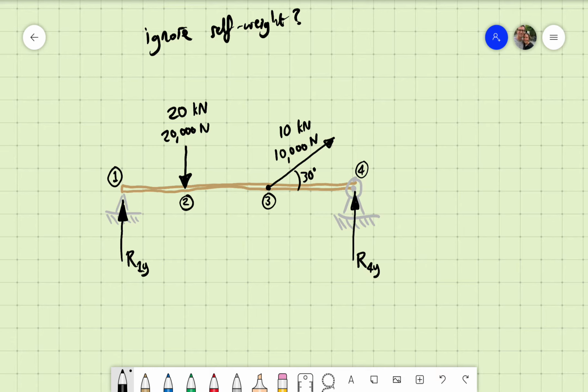And then there is another R4X, okay? A pin joint keeps things from sliding left-right, keeps things from sliding up and down, but does not provide any moment resistance. We actually haven't done a fixed situation yet. I might leave that one maybe for next week.